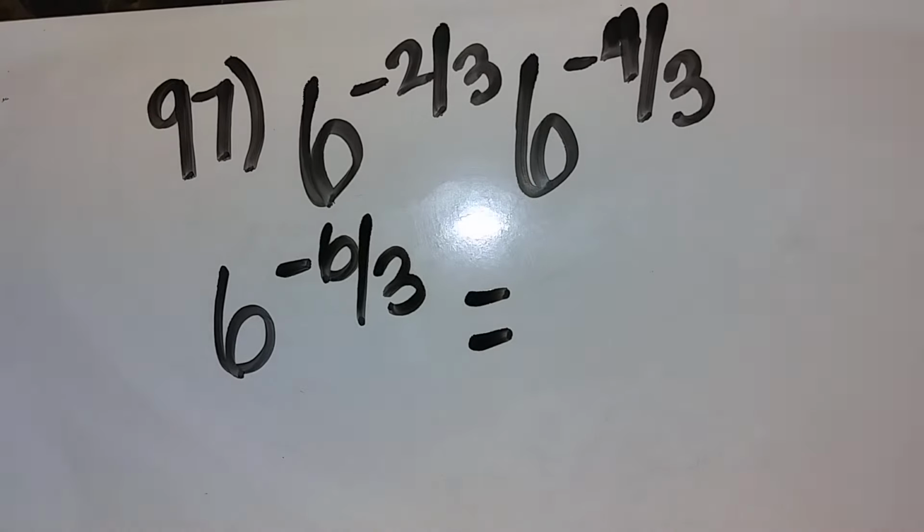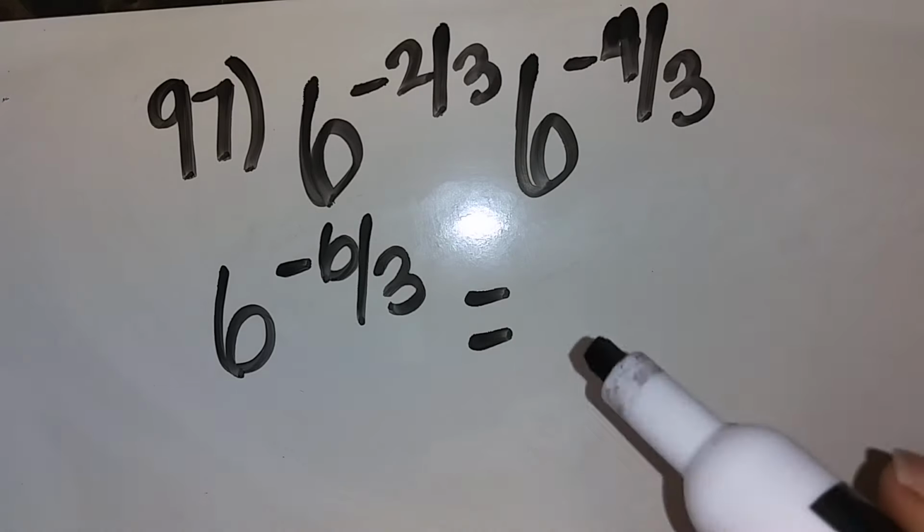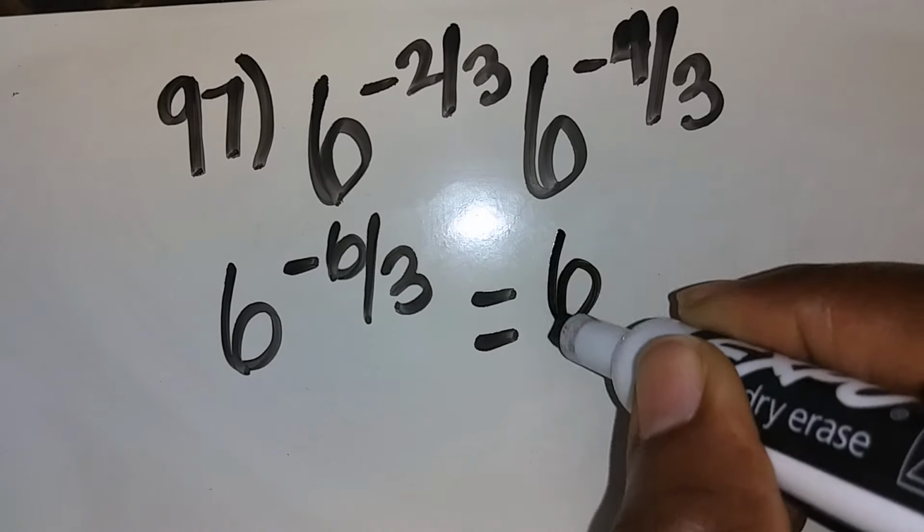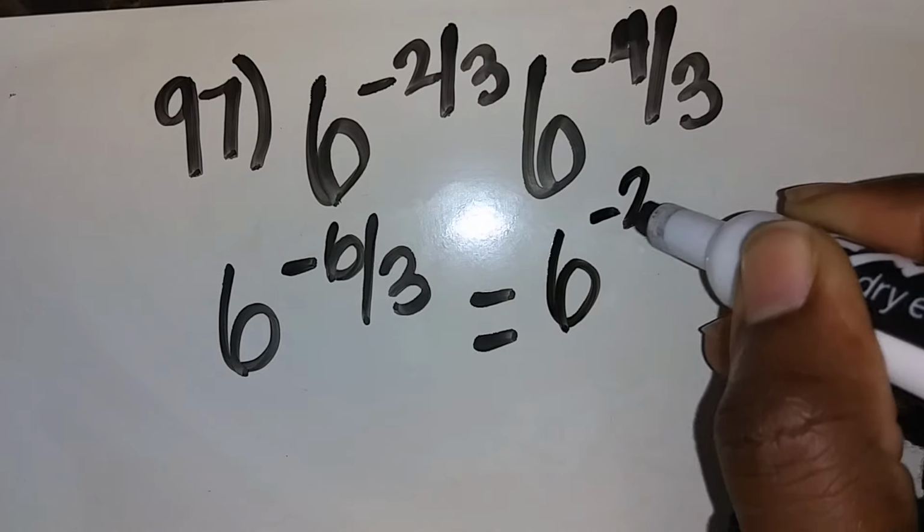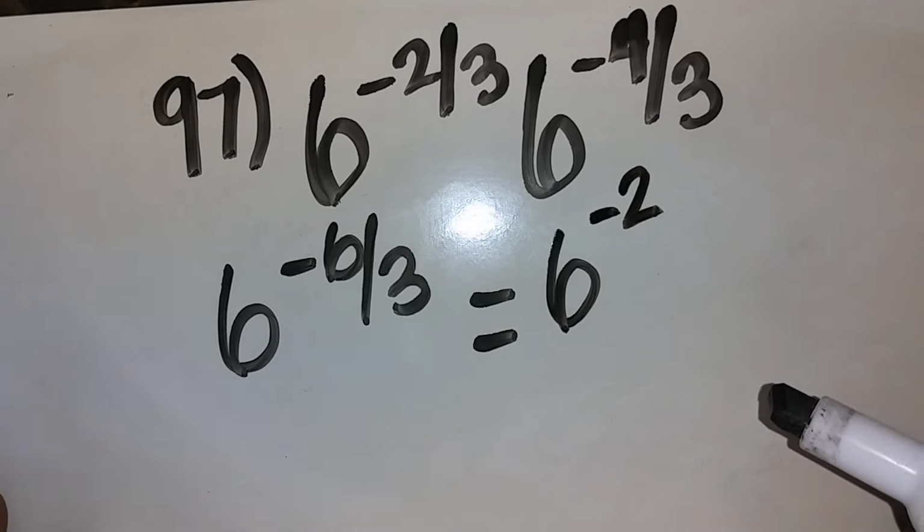You have to still remember your basic rules of adding and subtracting fractions. You must have a common denominator. And you need to know your integer rules. When the signs are the same, add the numbers, keep the sign. So 2 and 4 is 6, keep the sign, negative 6. Your denominators are both 3, so that's your common denominator. Do simplify. 6 divided by 3 gives me negative 2.